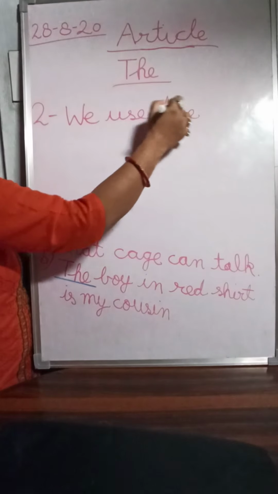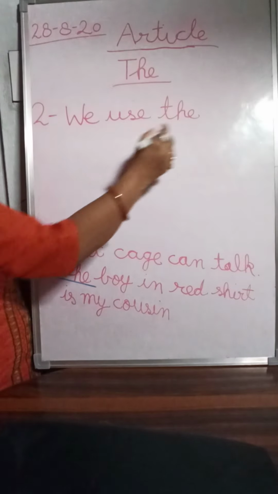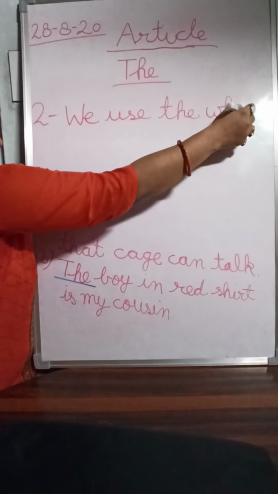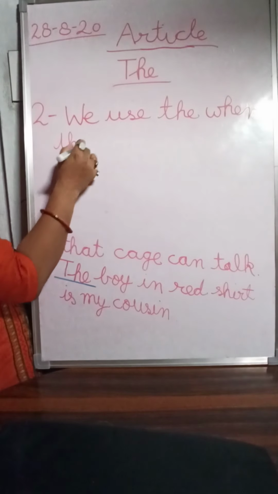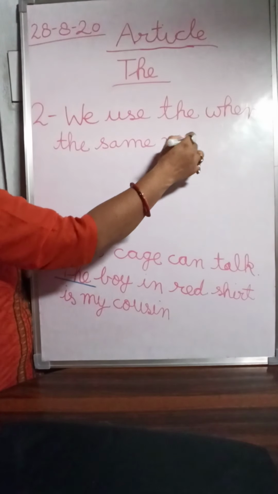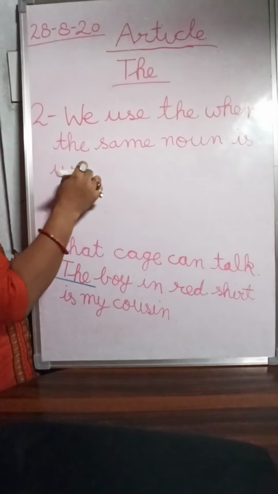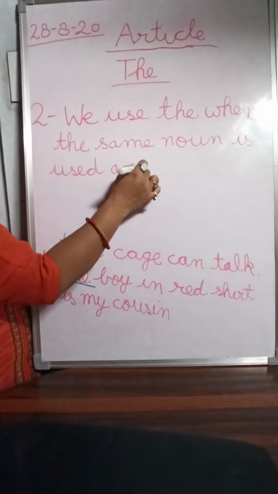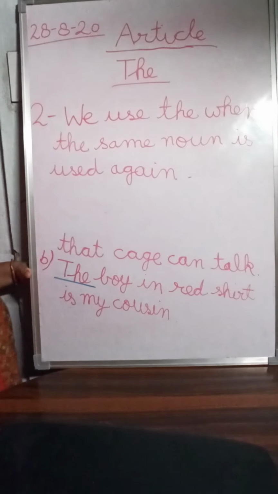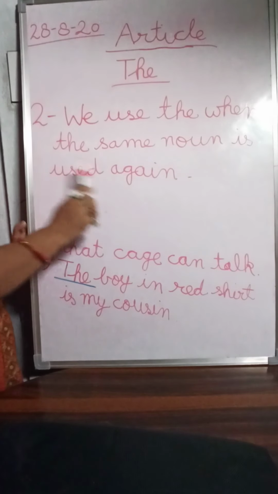We use the when the same noun is used again. अगर एक ही noun सेंटेंस में कई बार रिपीट हो रहा है तो हम उस वर्ड के पहले द लिखेंगे. ओके फ्रेंड्स, सी फॉर एग्जाम्पल वी यूज द when the same noun is used again.